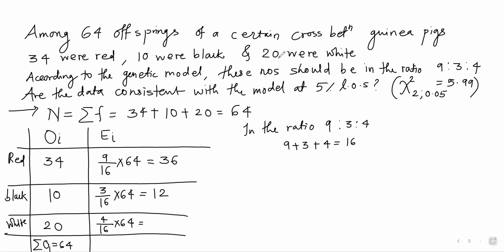So it is 16. So you can see here that the summation of EI must match, okay? So this is 36 plus 12, 48, 48 plus 16, that is 64, correct? So this data should match. That is also very important.